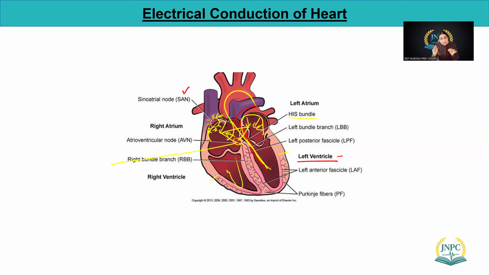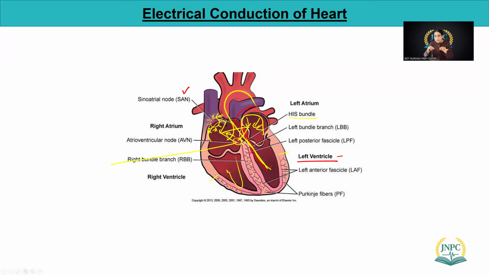So when it is in the bundle of His, that little deflection in the Q wave is happening. The Q wave is forming because now the ventricles have started their work. They're contracting. So now the septum is contracting up to this area.